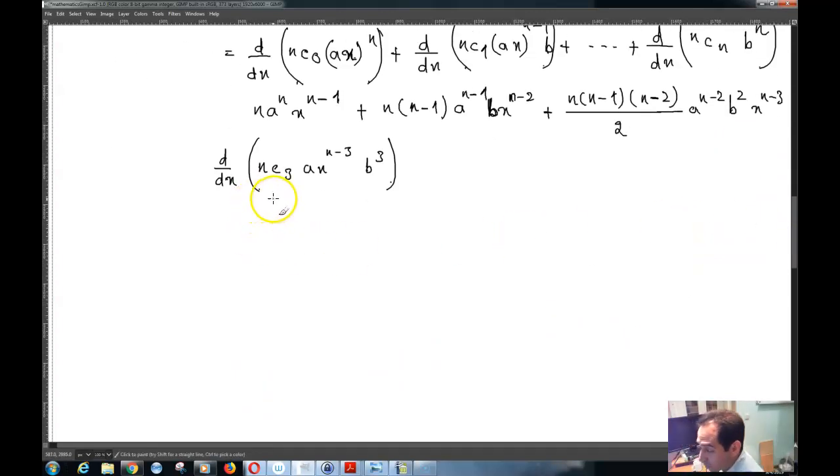And if you want to take the derivative d by dx of this expression, a, b cube and n combination 3 are constants, and n combination 3, for example, is equal to n factorial over n minus 3 factorial and 3 factorial over here.